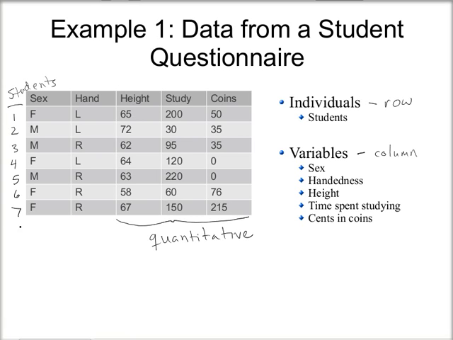Now this wouldn't be a variable because it's not answering a question about the students. It's just identifying them with a label. So this table shows all the data from the questionnaire, but it's not arranged in a way that makes it easy to interpret. So next we're going to look at some ways to organize data.